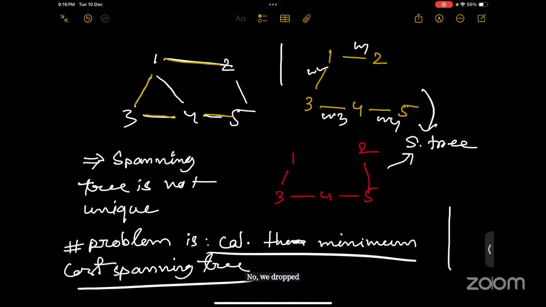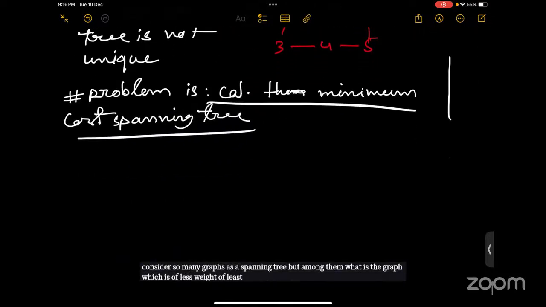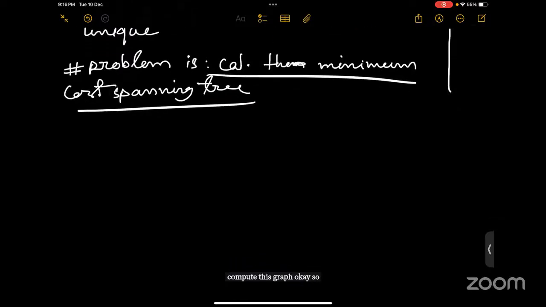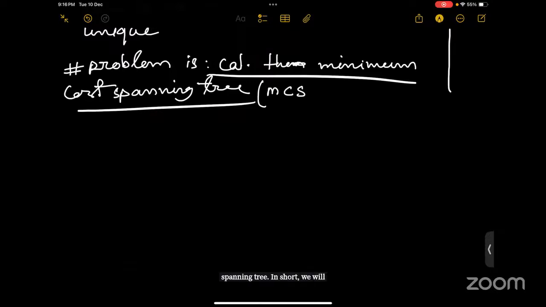As the spanning tree is not unique, we can consider so many graphs as the spanning tree. But among them, which is the graph of least weight? We can compute this graph. So this is the problem called calculating the minimum cost spanning tree. In short, we will call it MCST.